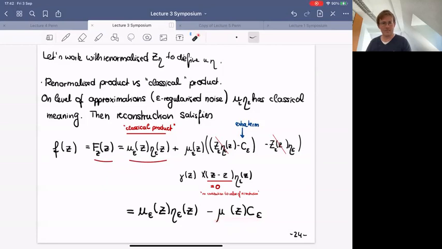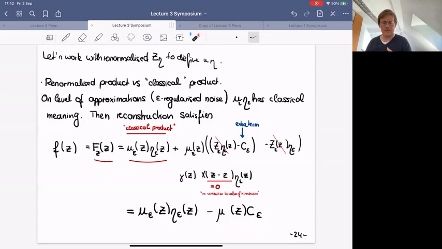Does this make sense? I had to add an infinite term on the level of this product of eta times z, and z is used in the local description of u. And so now, if I want to multiply u with this, I also get a constant, but it's controlled, and I understand how it changes things.